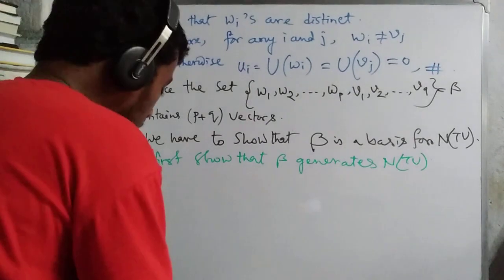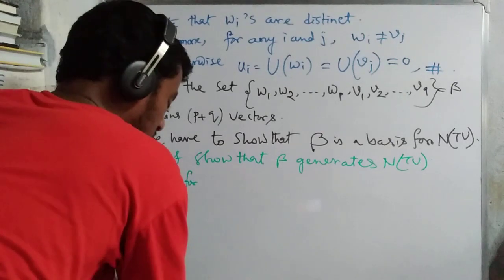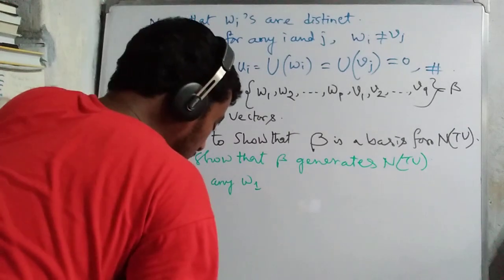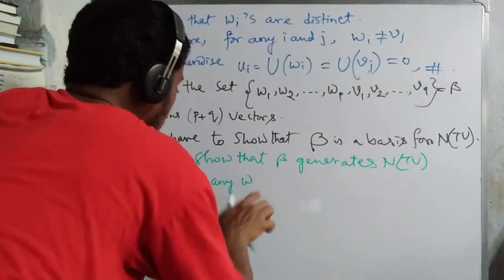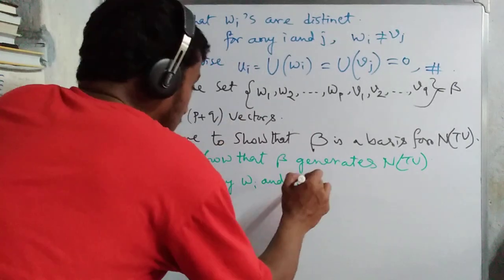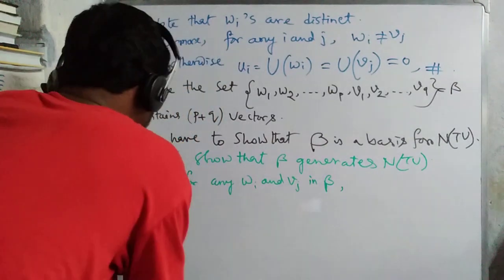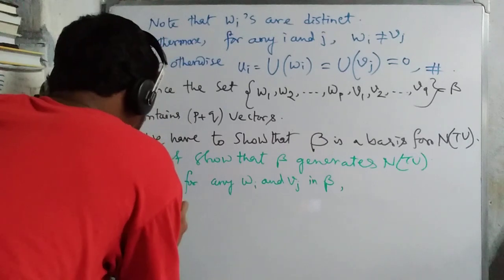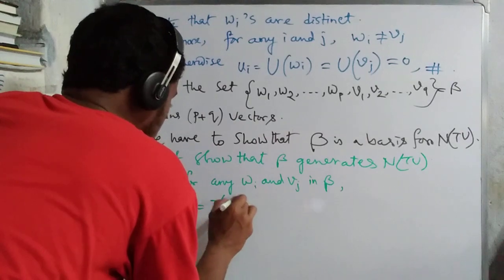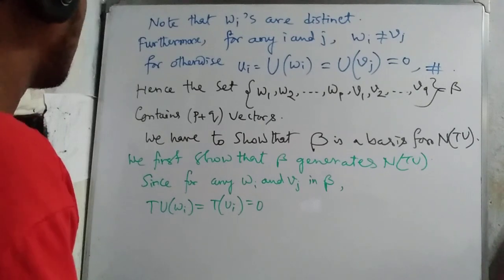Then we write it this way: since for any wi and vj in beta, T of U of wi equals T of ui equals 0.